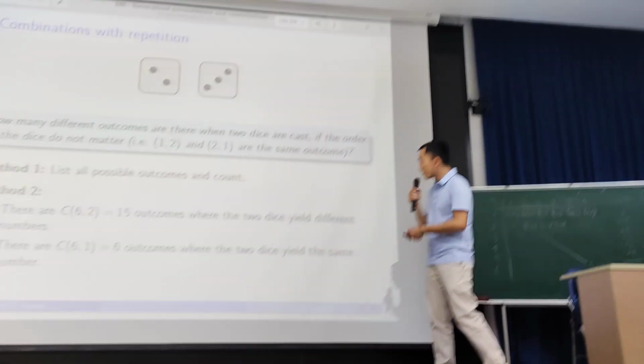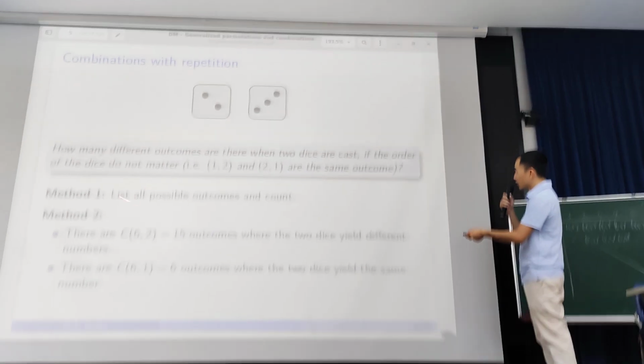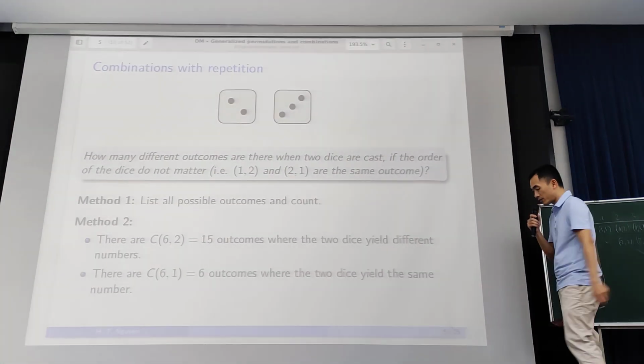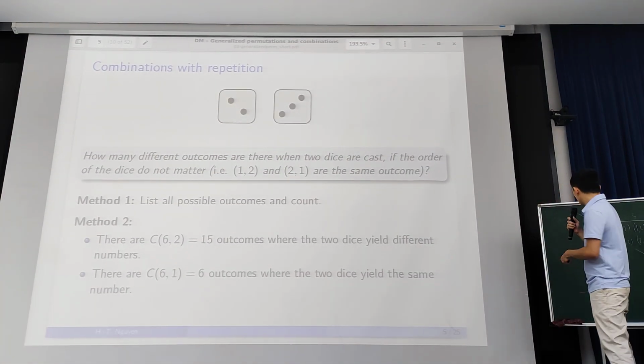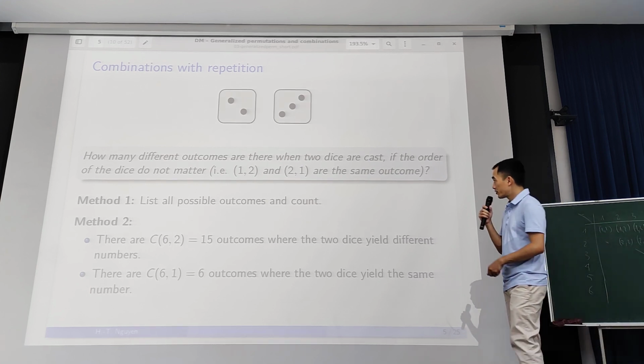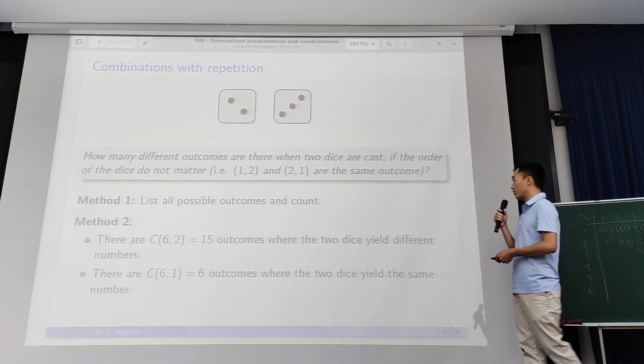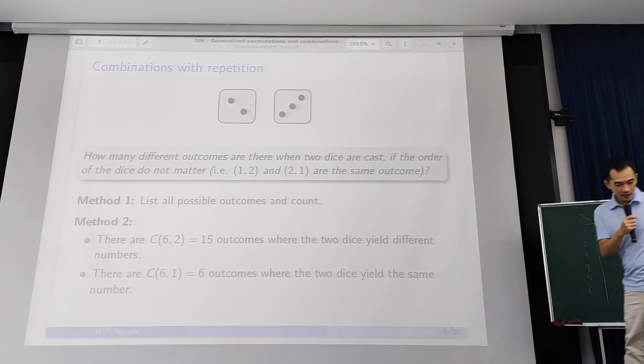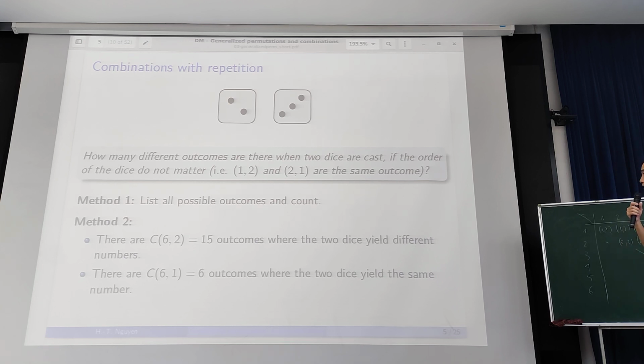So you can either do the boring way of listing all the possible outcomes, or you can draw a matrix like this, or you can even use what you have already learned.